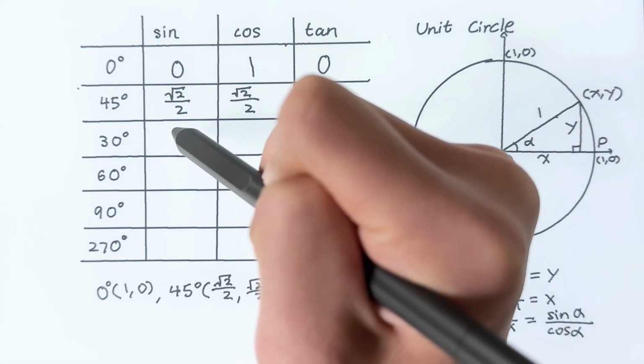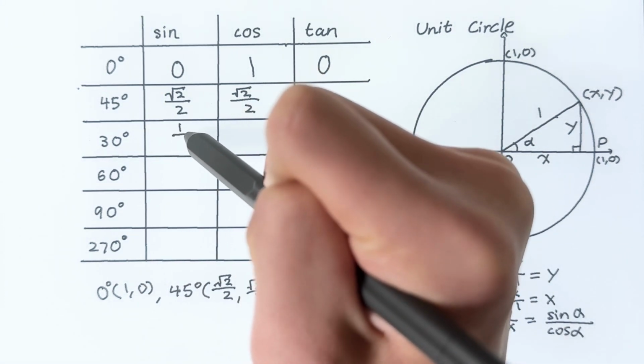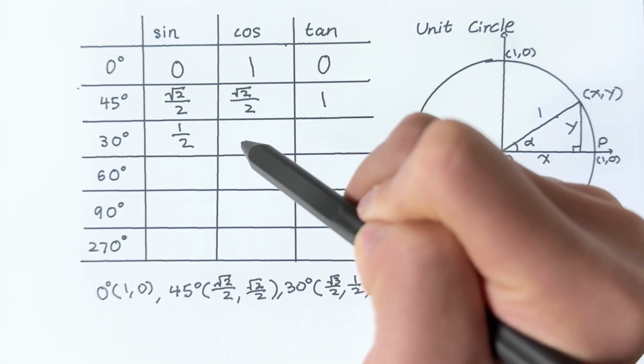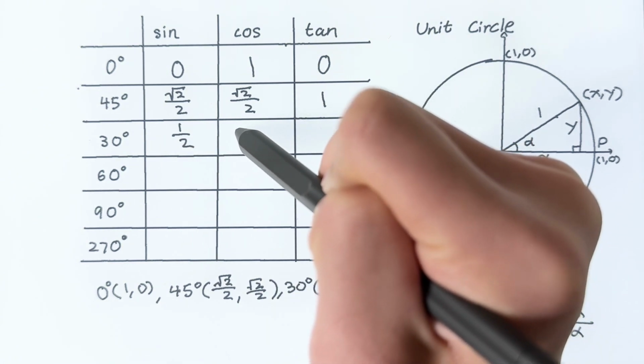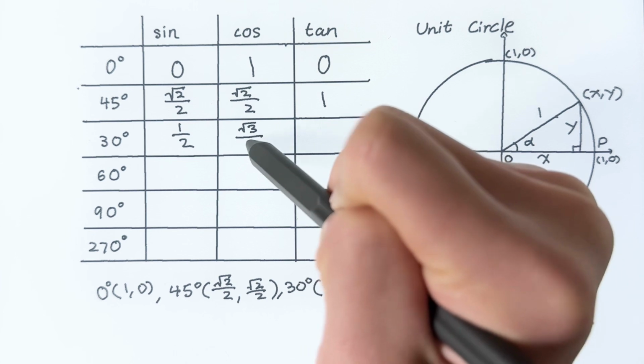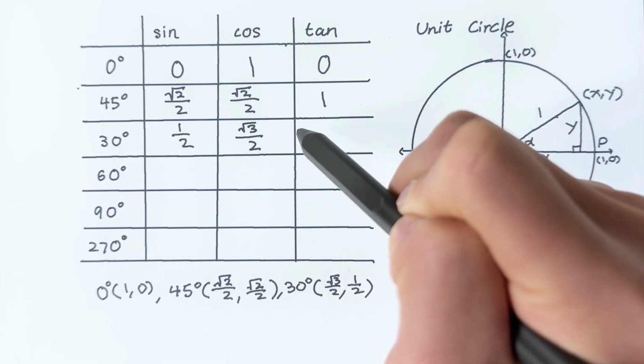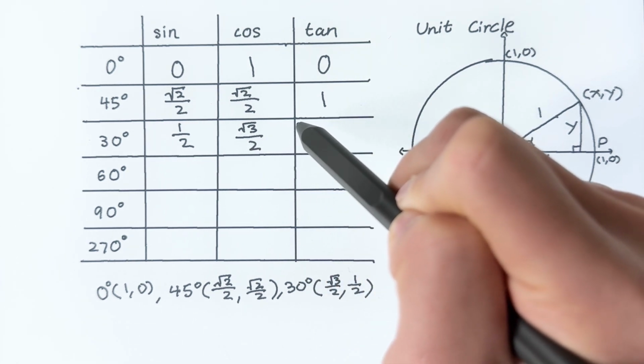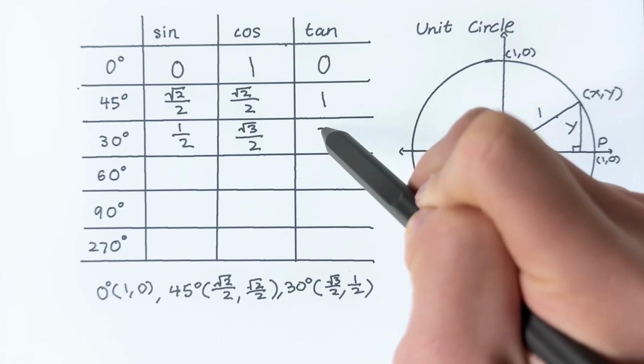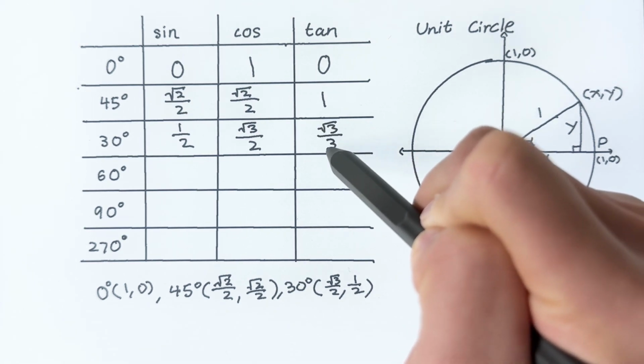So the sine equals 1/2. The cosine equals square root 3 over 2. And tangent equals 1/2 over square root 3 over 2, which is square root 3 over 3.